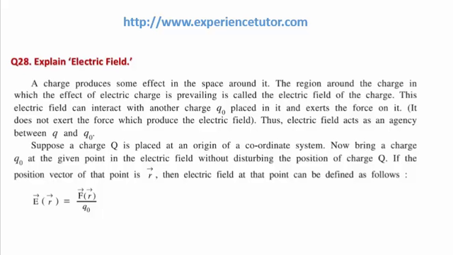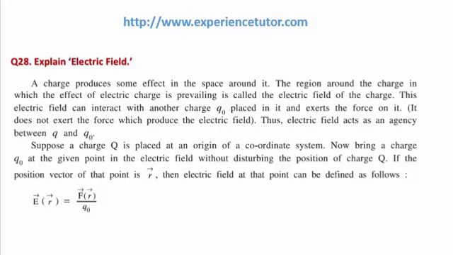Suppose a charge Q is placed at the origin of a coordinate system. Now bring a charge Q0 to a given point in the electric field without disturbing the position of the charge capital Q. If the position vector of the point is vector r, then electric field at that point can be defined as follows.